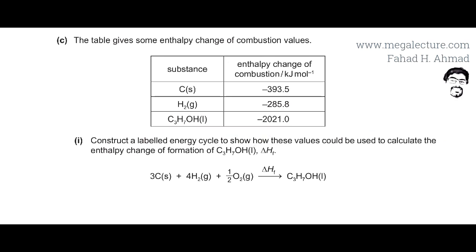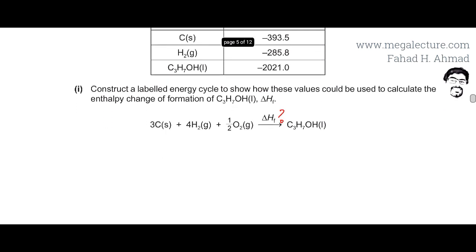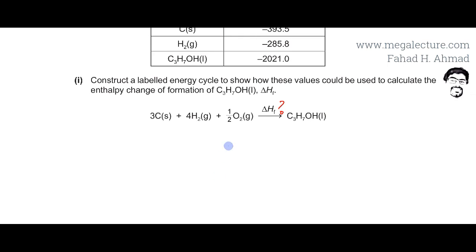So we have this reaction, and we need to figure out the enthalpy change for this particular reaction. And what the question is asking us to do is to use Hess's law and create another path for this reaction.